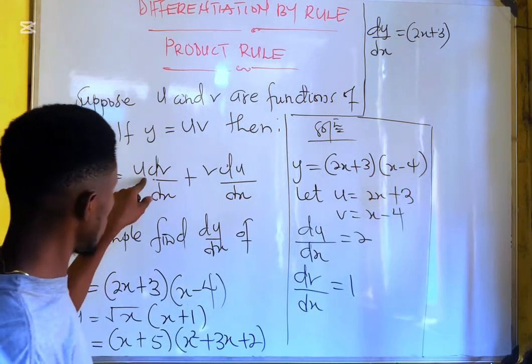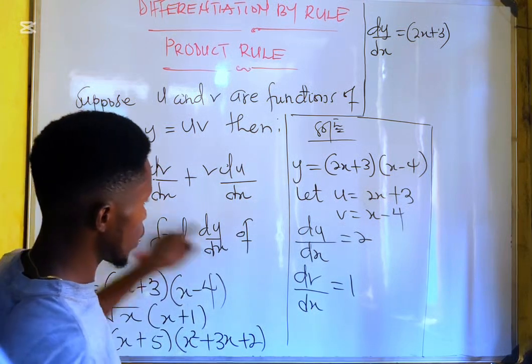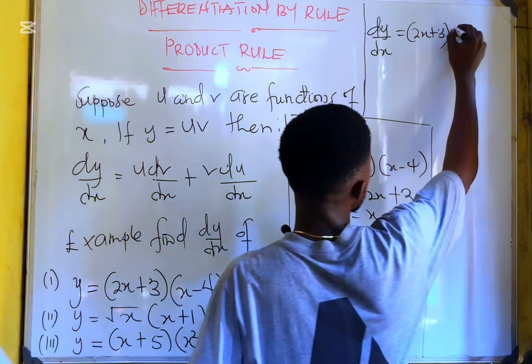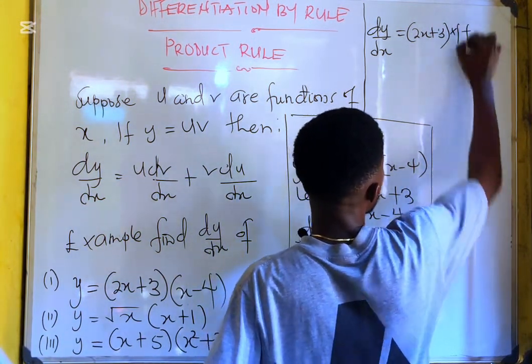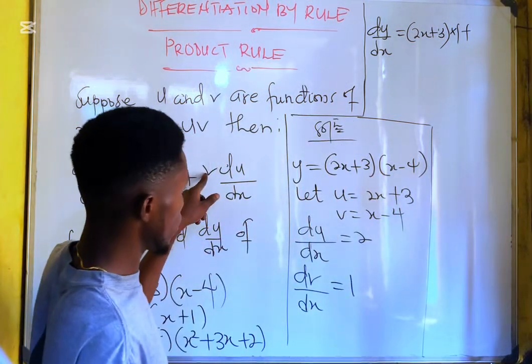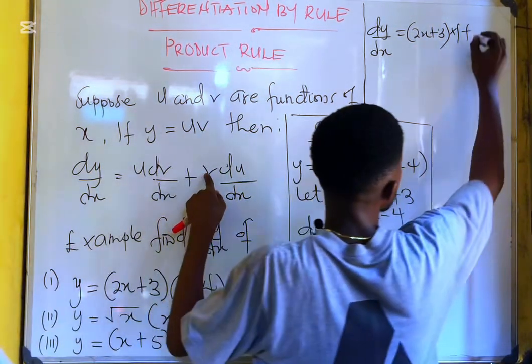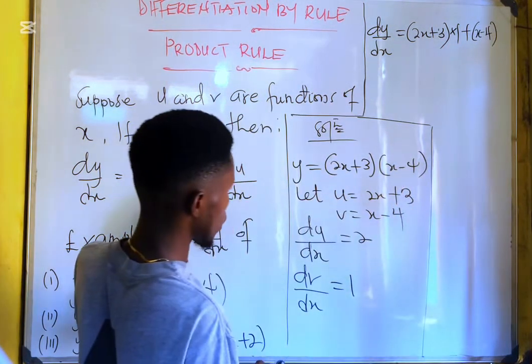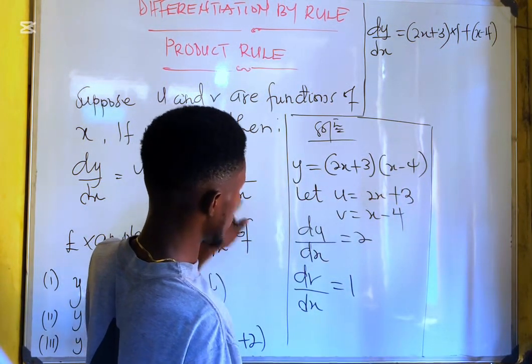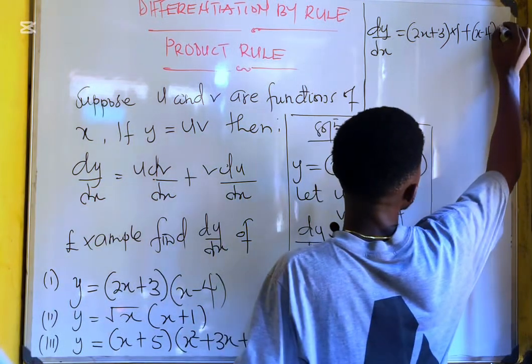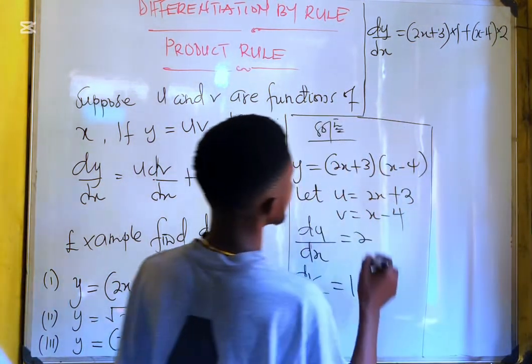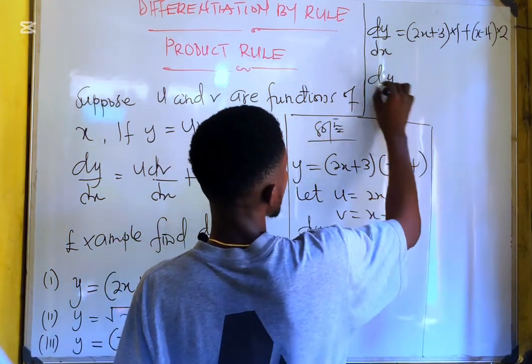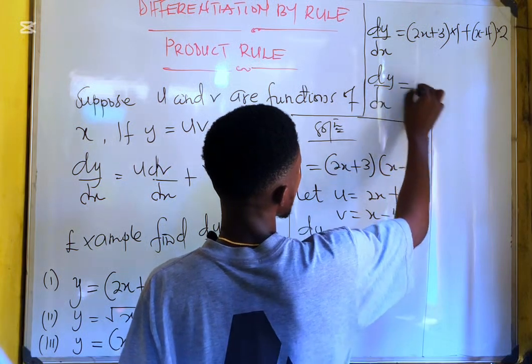This u is multiplying dv/dx. Where's our dv/dx? Our dv/dx is 1, plus v. Our v is x minus 4, multiplying by du/dx. Du/dx we had 2.